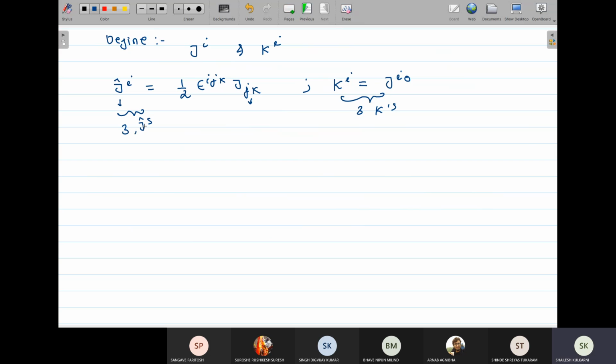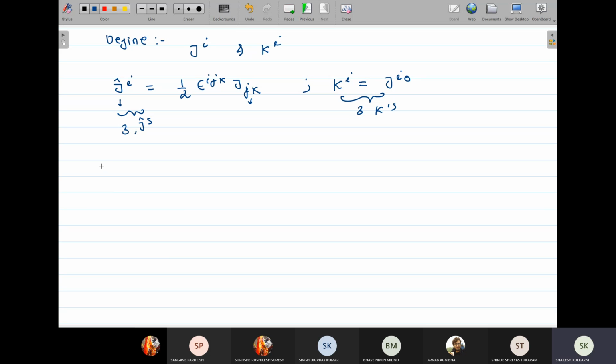So Js and Ks, 6 in total. I have written this in a slightly different form. Clear? So I define Ji to be half epsilon ijk Jjk, where jk is summed over, and Ki to be Ji0. That's it. Fine.